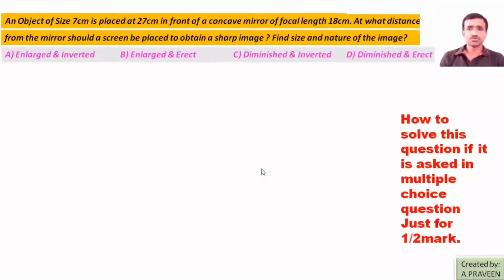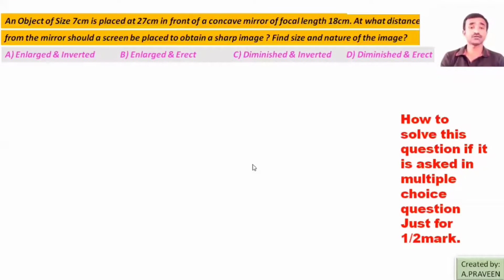So here 4 options are given which are related to magnification and the type of image. To say whether it is magnified, or inverted or erect, you need to find out the image distance and the height of the image, to know whether it is an enlarged or inverted image.